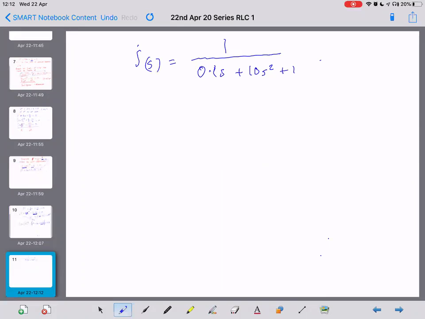First thing we need to do is write it as an expression in s. You can't do that yet. We need s squared on its own, so we need to divide by 10.